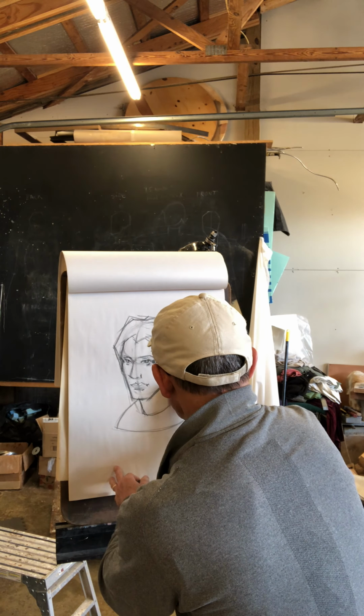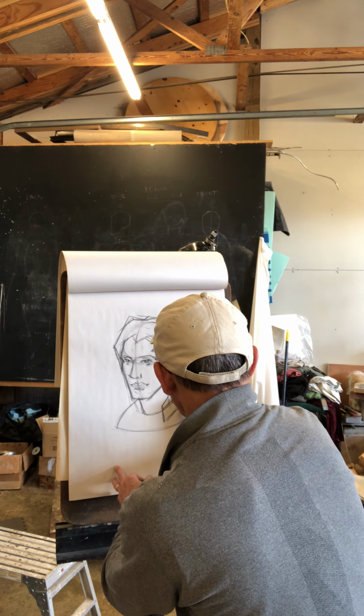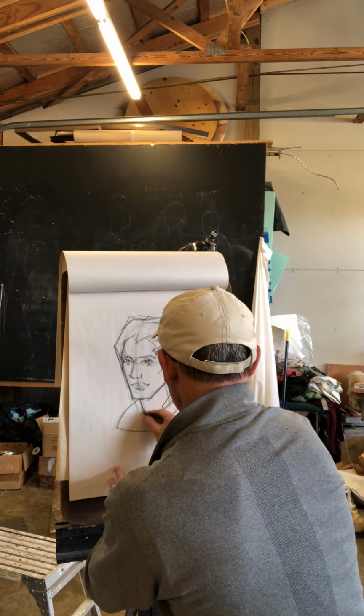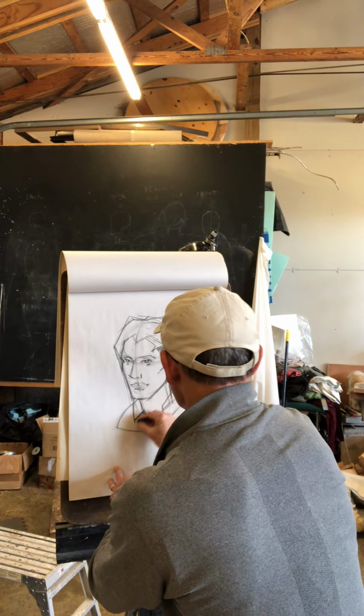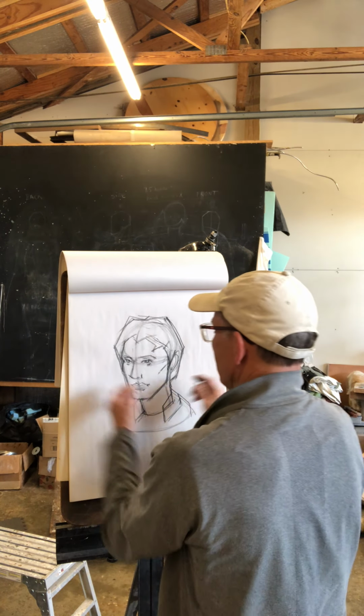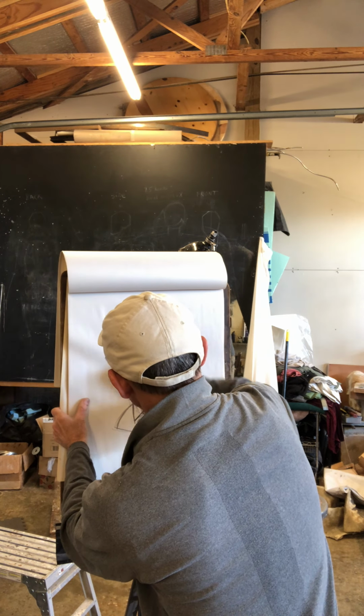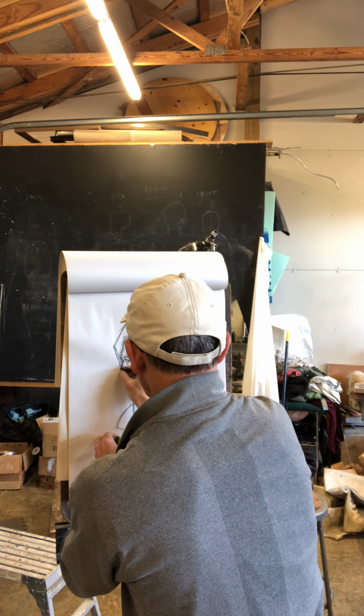So if I have to change, say, the width of the head, or make it longer or wider, I'm in a place where that's pretty easy to do because all my lines are still pretty simple.